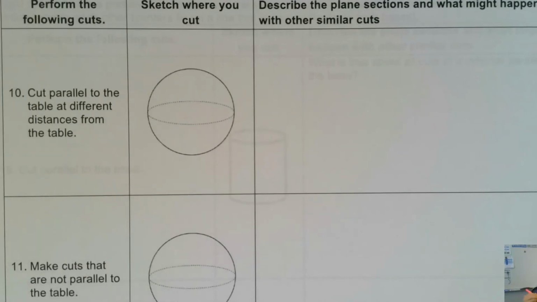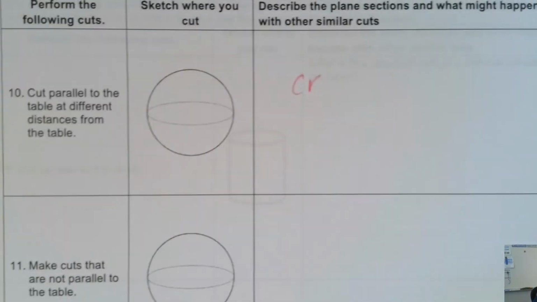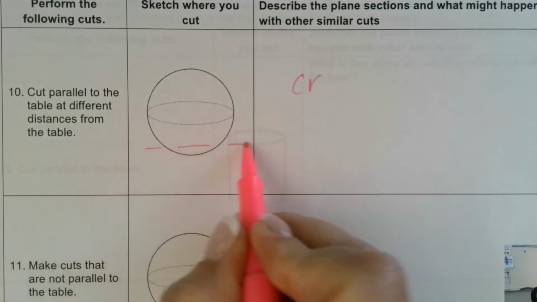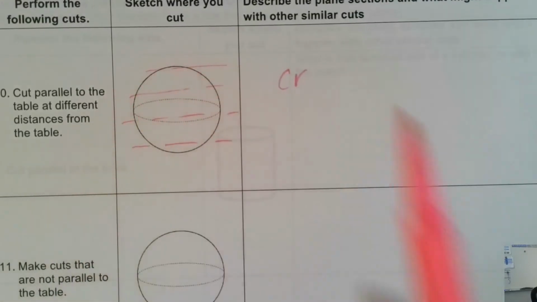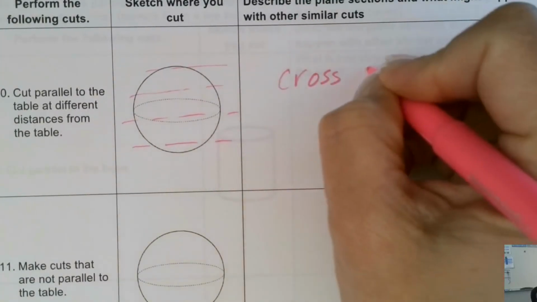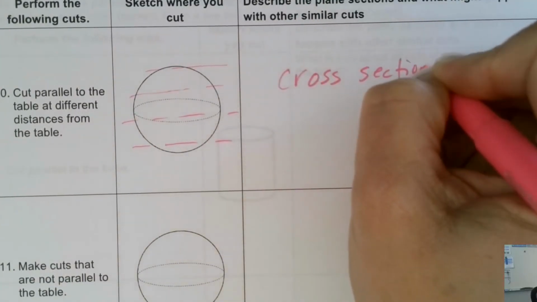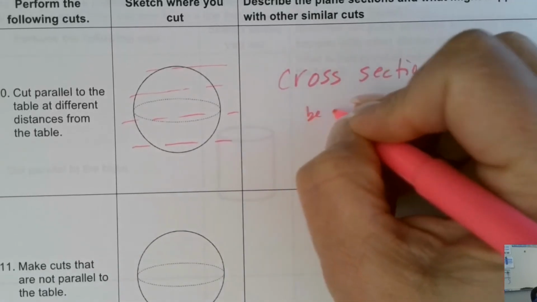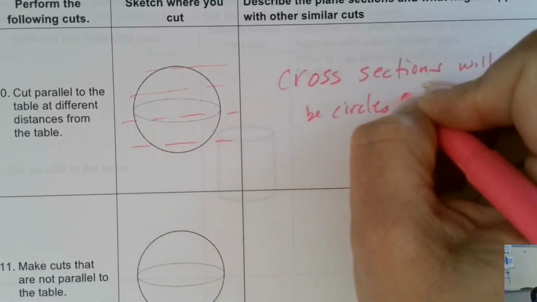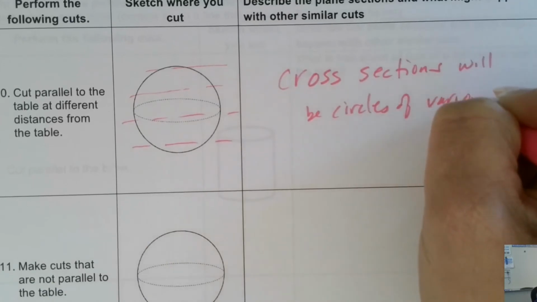Okay, the cross sections. So this would be like a cut here, a cut here, a cut here, a cut really close to the top. Those would be cross sections, will be circles of various sizes.